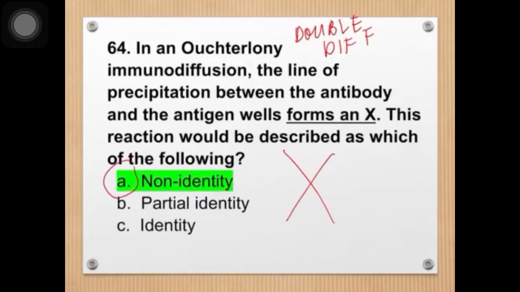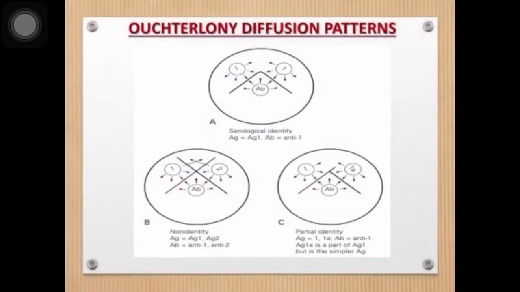So, huwag kakalimutan, formation of a smooth curve sa Ouchterlony double diffusion indicates identity, meaning the antibody is precipitating similar antigen. Formation of two cross lines, ito pong B, is an indication of non-identity.